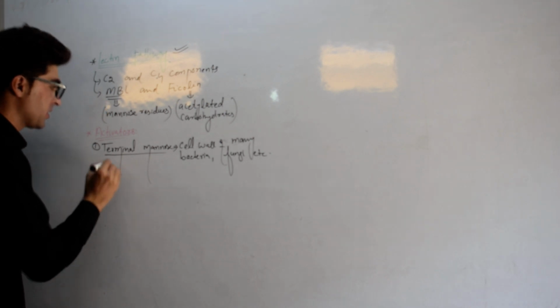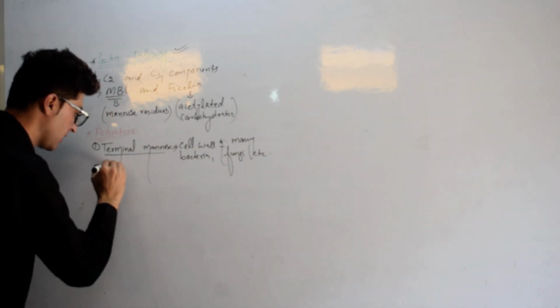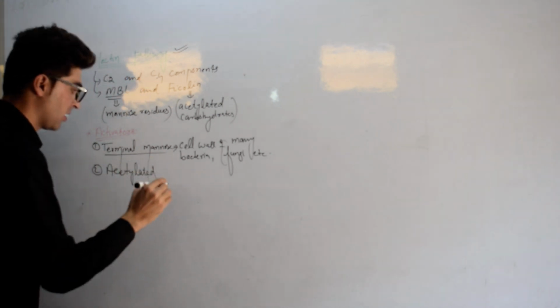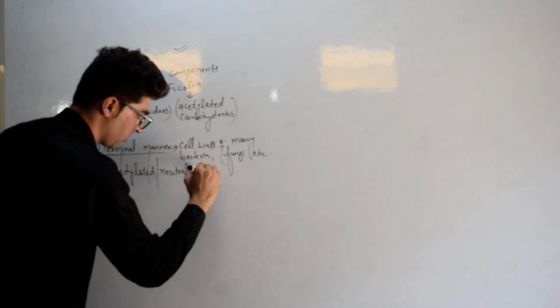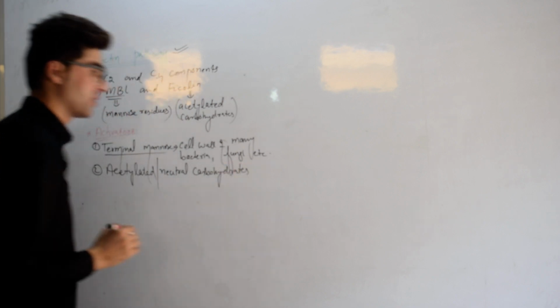The second activator of the lectin pathway includes acetylated or neutral carbohydrates.